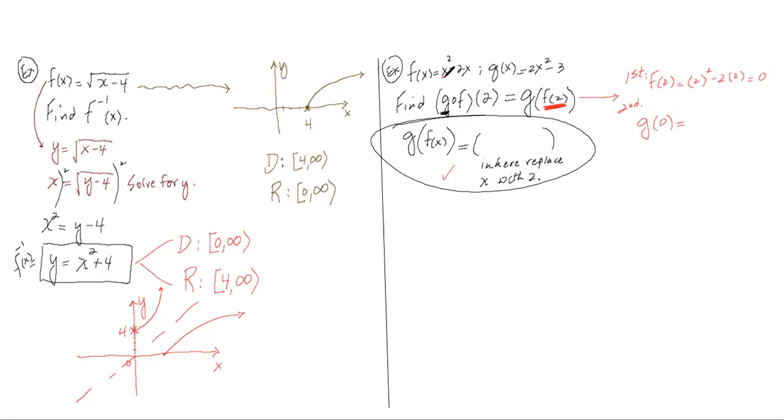So you plug these x's with a 2, comes out to a 0, and then replace it with a 0. So now you are doing g of 0. So now you would replace the x of g with a 0. And your answer will be negative.